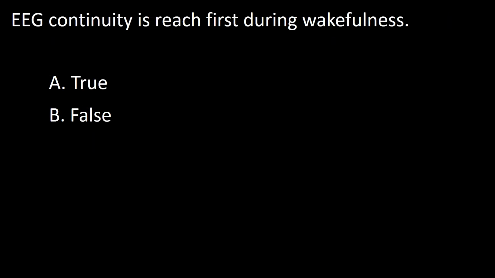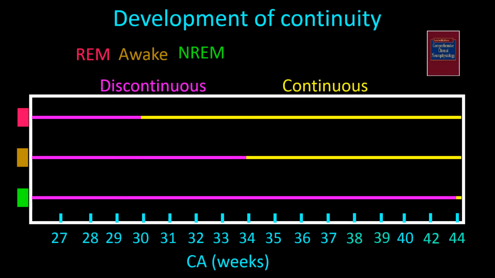Next question. EEG continuity is reached first during wakefulness. A true, B false. This chart is based on Luther's book. It does not define continuity or discontinuity. It simply shows that during REM sleep, a sleep stage that we have been labeling as active sleep, discontinuity is no longer present after 30 weeks.